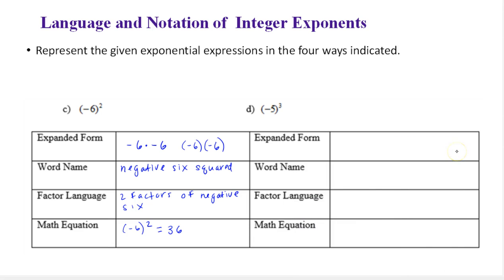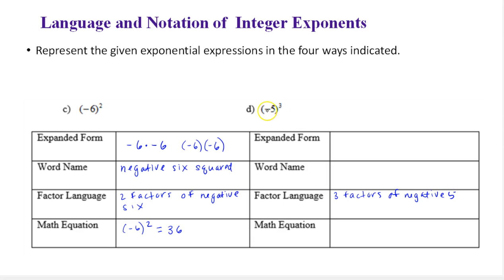Okay, let's look at the next one. This is negative 5 to the third power. Well, this means 3 factors of negative 5. So that was factors language. We'll write that here. 3 factors of negative 5.